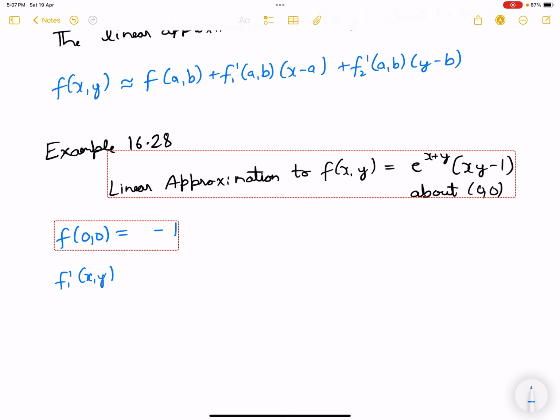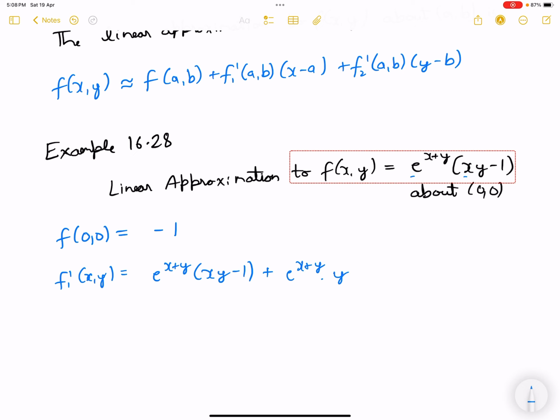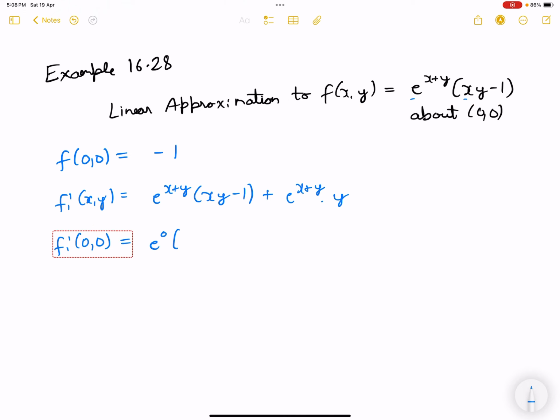We are differentiating with respect to x, so e to the power x plus y times (xy minus 1). Then we'll use the product rule: first function then second, e to the power x plus y times y. Now f1'(0,0) is e to the power 0 times (0 minus 1) plus e to the power 0 into 0.